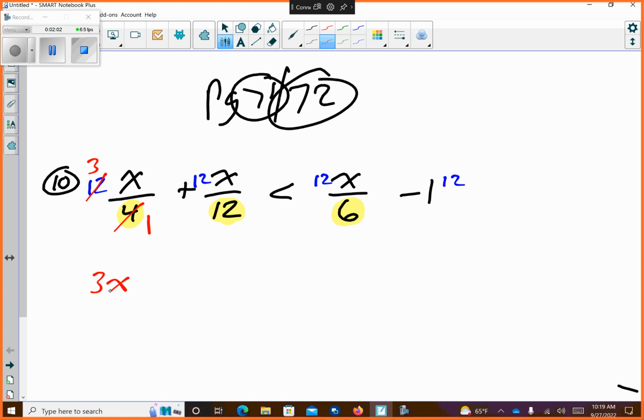Hey, friends, do you agree with that or no? Yeah. And then this and this cancel, leaves me a 1. What does that give me there? And then what does this give me? -1 or -12? -12.